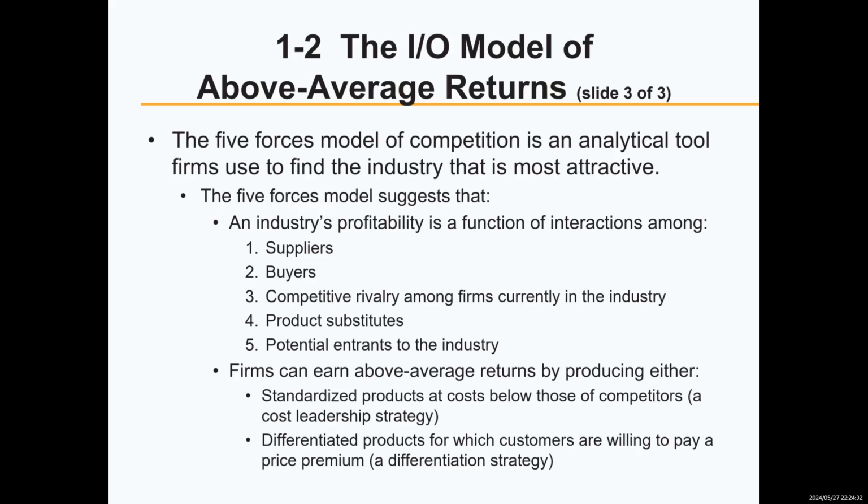In order to compete, the firm must be able to successfully implement strategies required by the industry's characteristics to increase their level of competitiveness. So the five forces model of competition is an analytical tool firms use to find the industry which is more attractive.